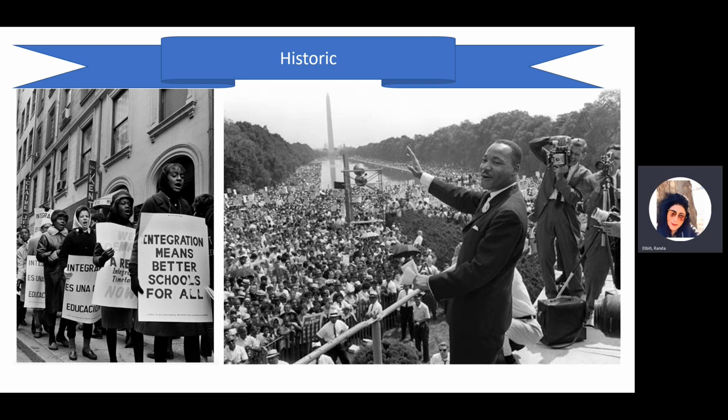If we look at the picture on the left, it's about students carrying picket signs as part of a citywide school boycott that saw hundreds of thousands of children stay home from classes. This was posted in the New York Times on February 3rd, 1964.